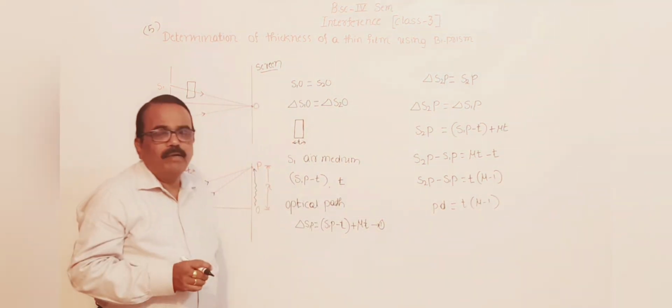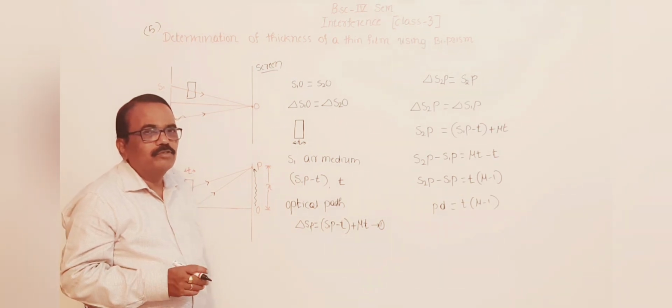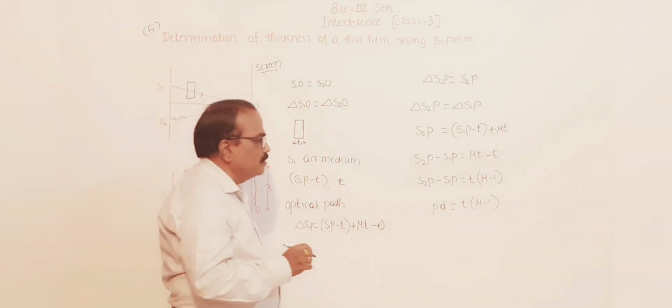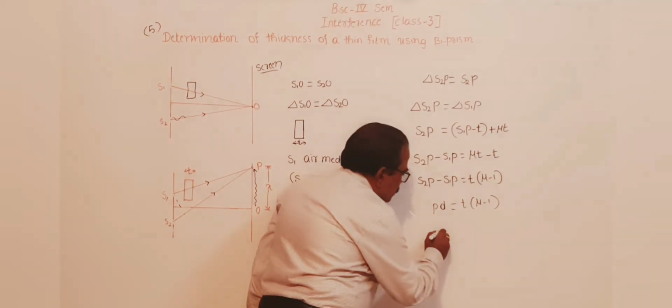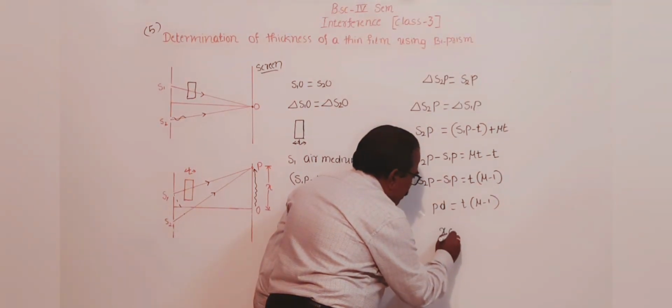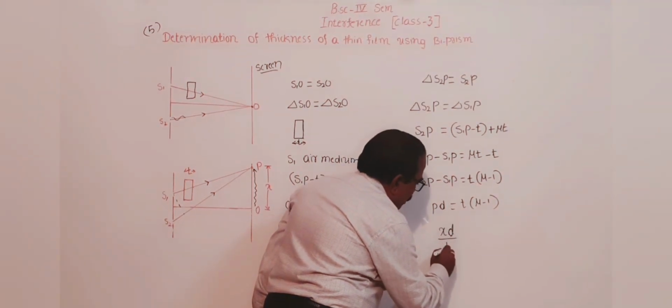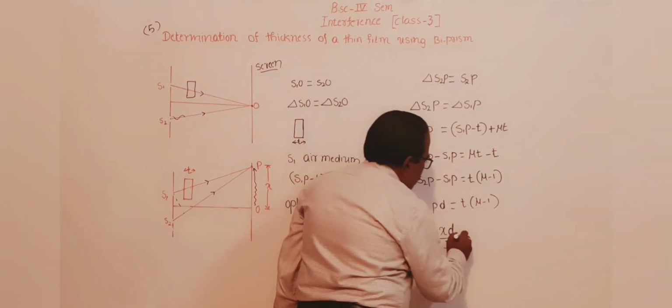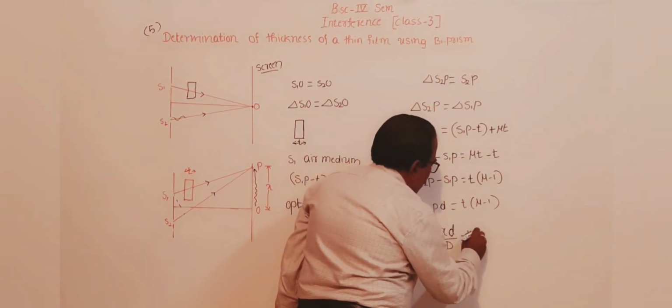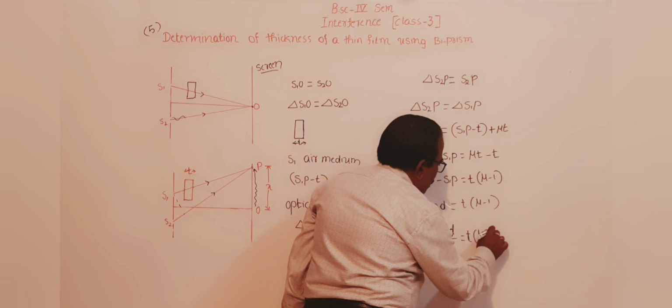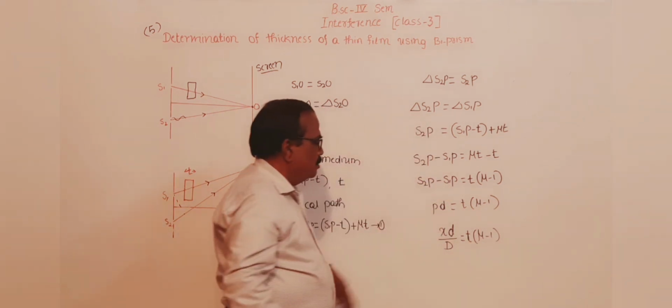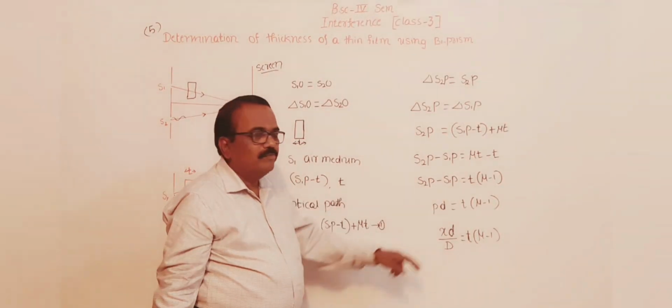Then in the biprism experiment, what was the expression for path difference? For path difference, you have obtained xd upon D is equal to T into mu minus 1. This has come from the previous class.